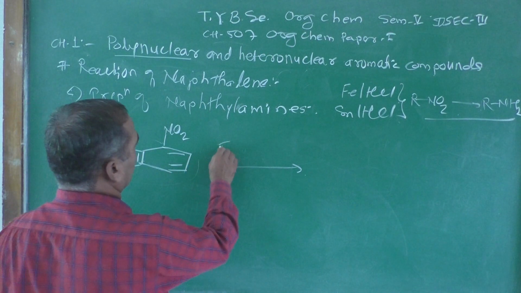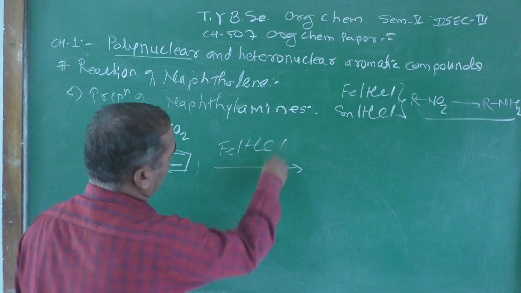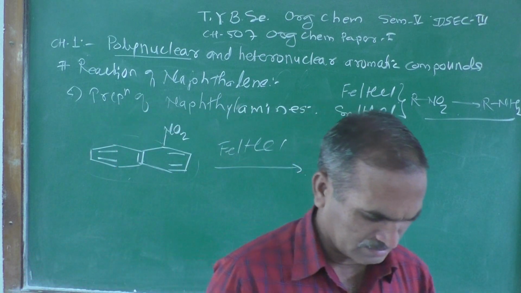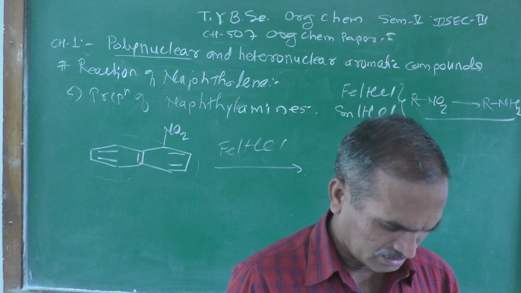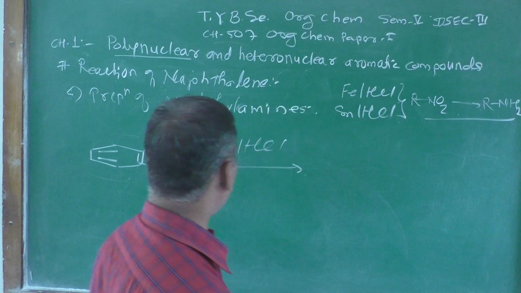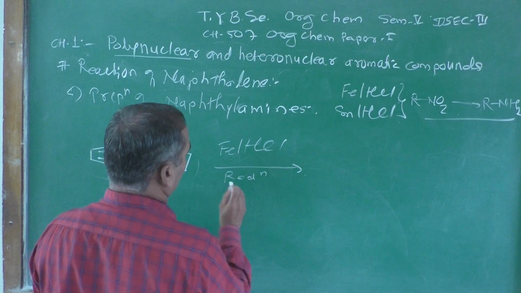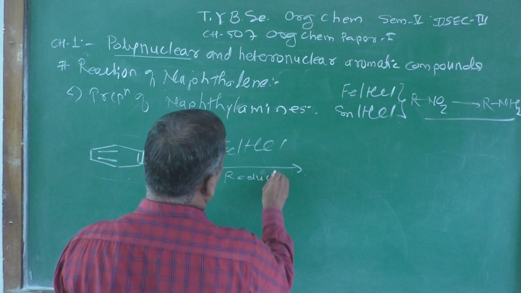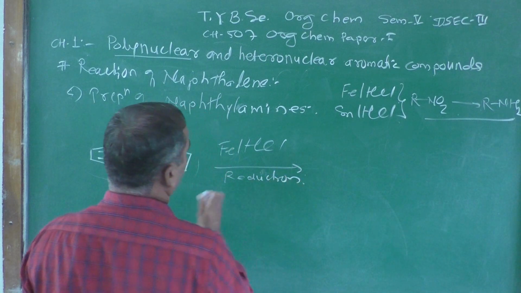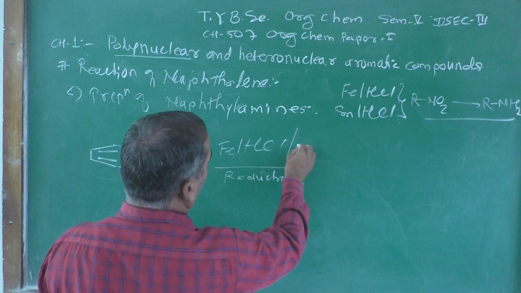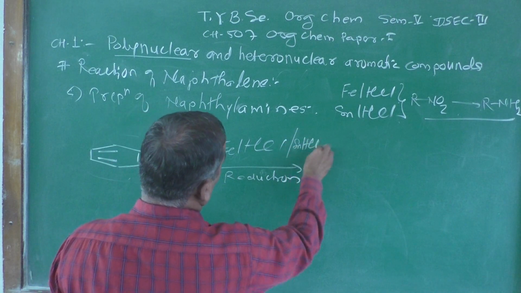If it is treated with Fe in presence of HCl, reduction takes place, and what do you get? You can use this or Sn in presence of HCl.